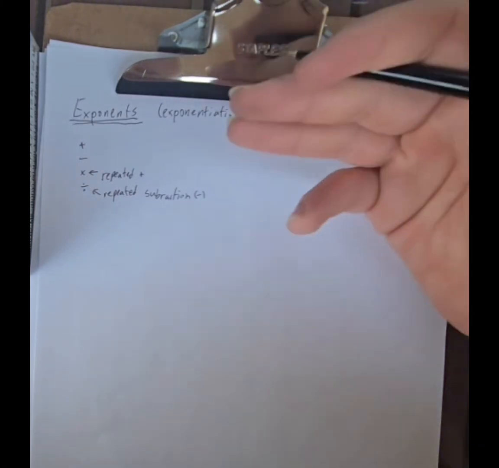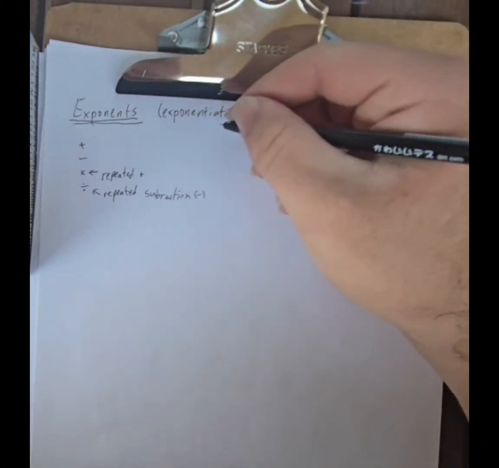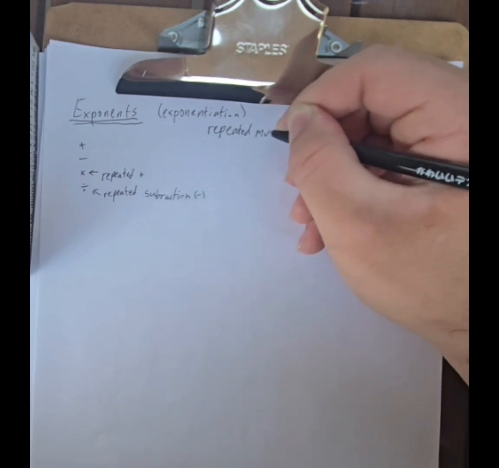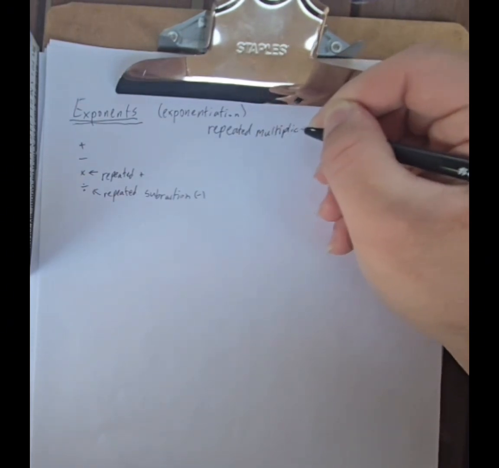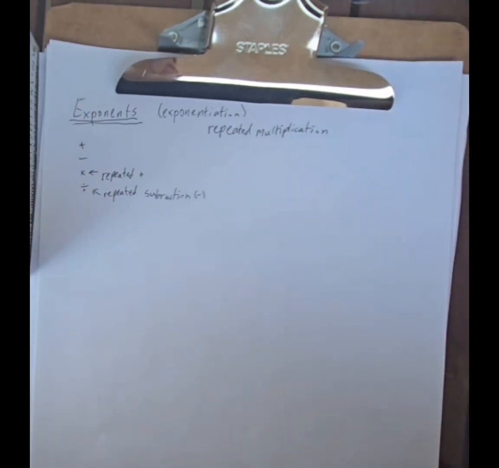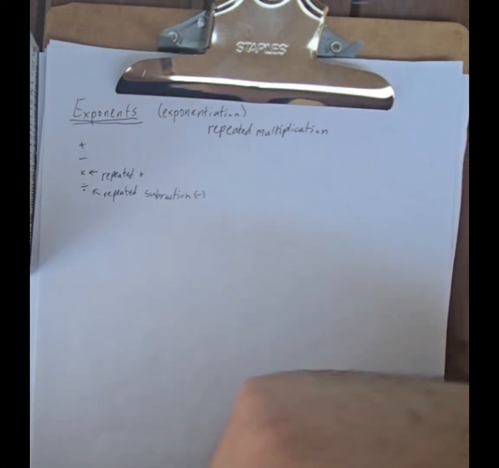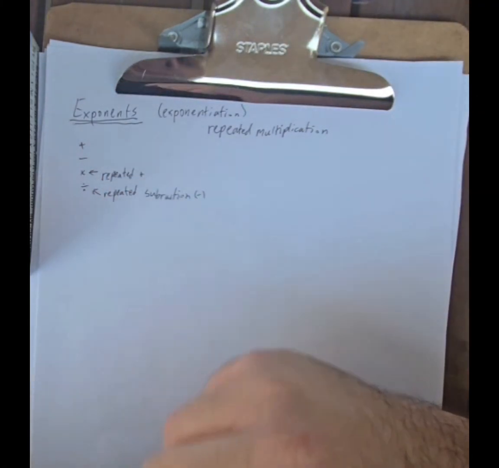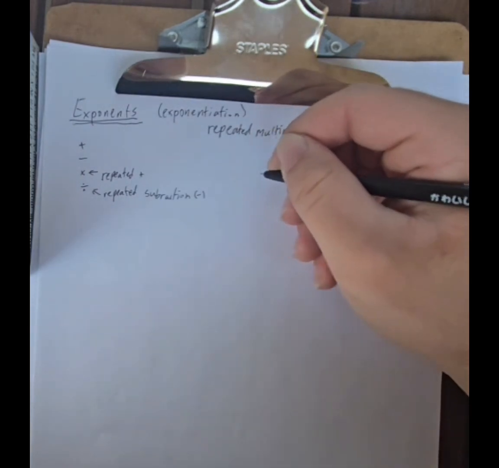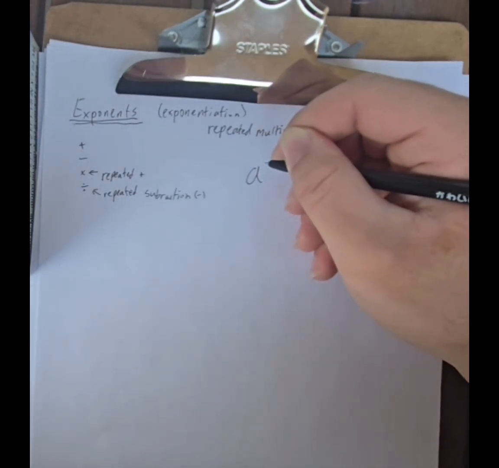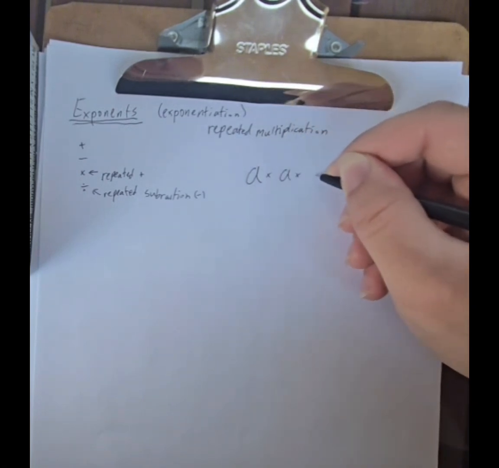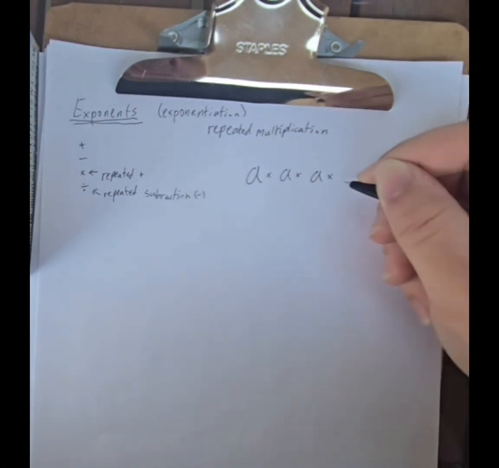So exponentiation is repeated multiplication. So how do we express this? Now, it doesn't really have a separate symbol like these four basic operators do, but the way we represent it is, let's say we have a number a, and we multiply a by itself a bunch of times.